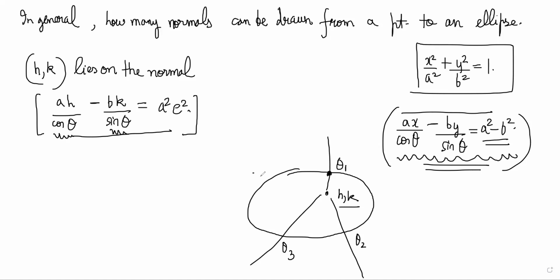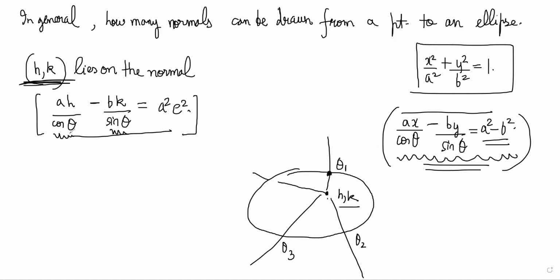From a given point, how many normals can we draw? We know h, k already. The unknown here is theta. If it is a quadratic in theta, then you'll have two roots for theta, no?